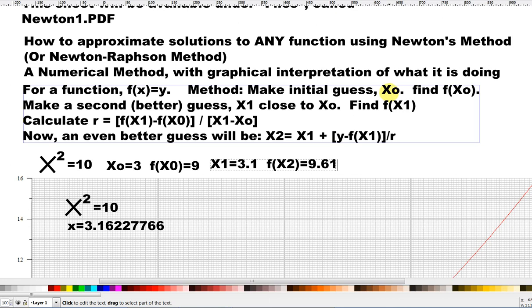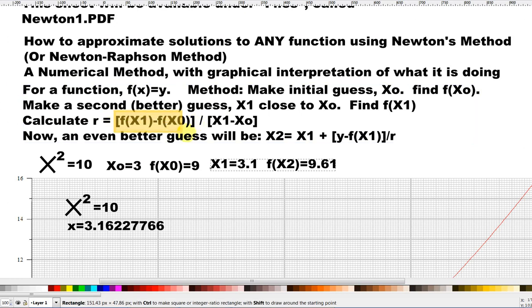Now, the next step is kind of the one that's weird, that if you don't look at a graphical interpretation, you're not going to understand what's going on here. Let's just do it, and then we'll look at why this makes sense. Calculate some number r, and r equals f of x1 minus f of x0. Well, what in the world is that telling us to do?